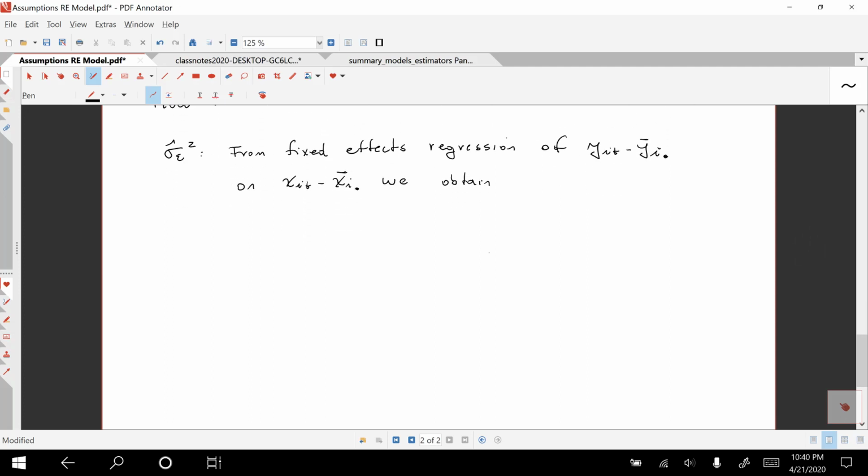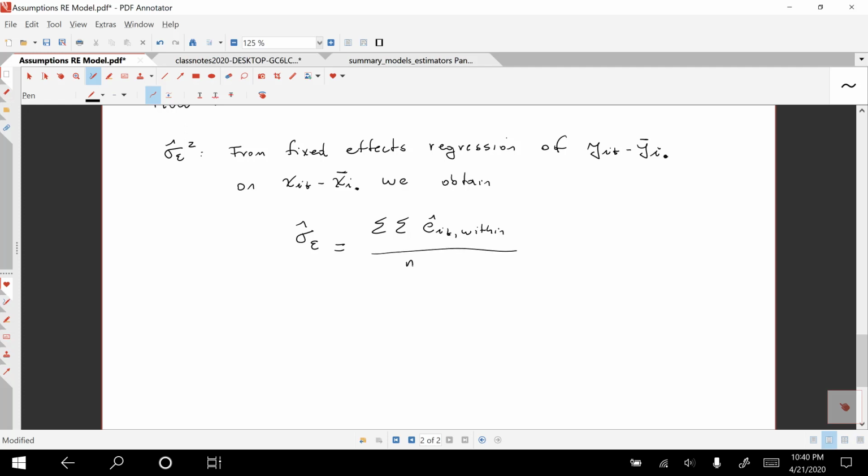That regression will give us an estimate of the variance of these idiosyncratic errors. I'm calling these the within errors, the errors we obtain after estimating that fixed effects regression.